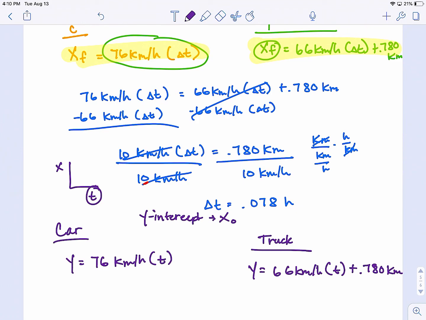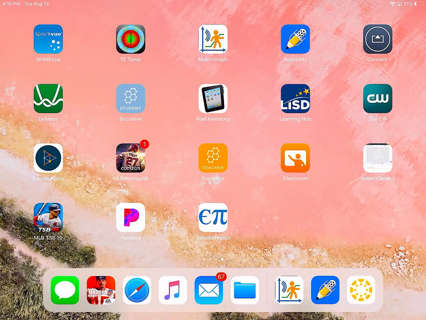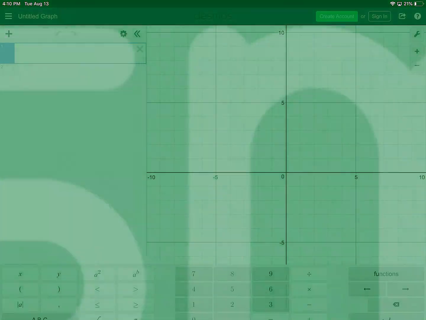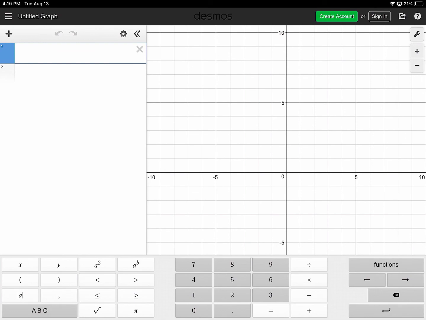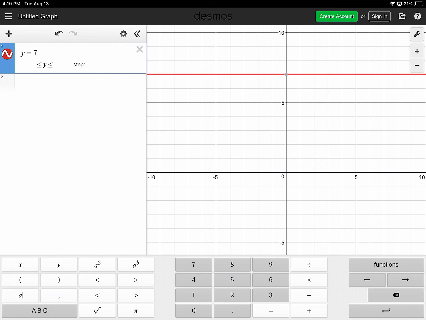So this is how I do this. I go to my app Desmos. You can do this on the graphing calculator as well. You can do it by hand as well, but this is easy. Now I'm going to write in my function. So we have y equals 76x.